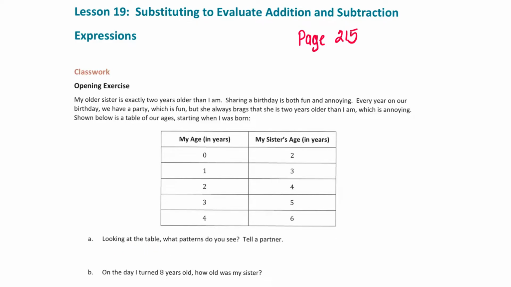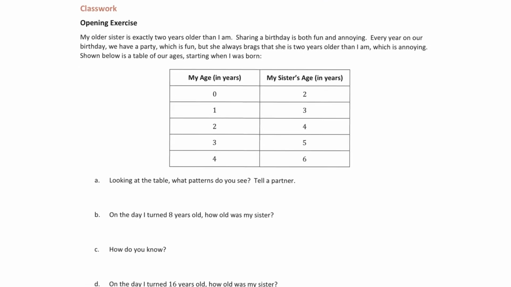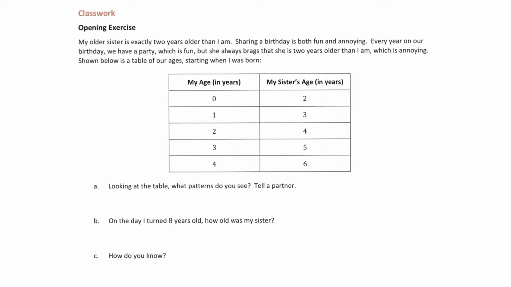So looking at the table, what patterns do you see? Now, keep in mind, these are some of the patterns that I can point out, but you might have other patterns that are important and that you might want to consider, because the patterns are going to help you to get your understanding going. So you should have noticed that every year my sister is 2 years older.